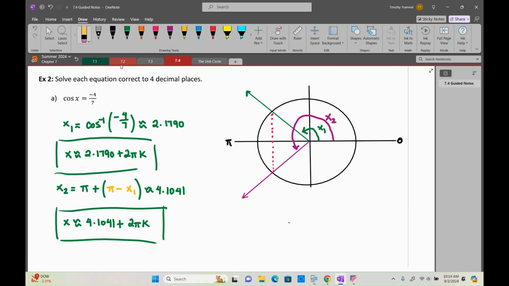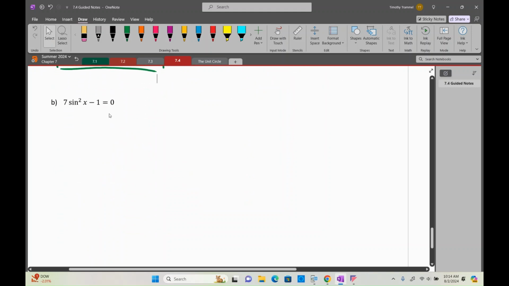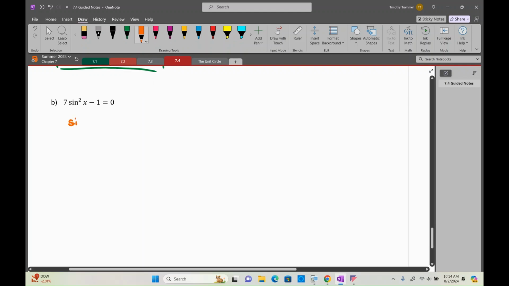So let's go ahead and give another one of these a try. But a sketch is always helpful on these. So this time we have a trig function that's being squared. But let's just begin by isolating that sine squared x. So in order to do so, I could just simply add the 1 over and then divide by 7.